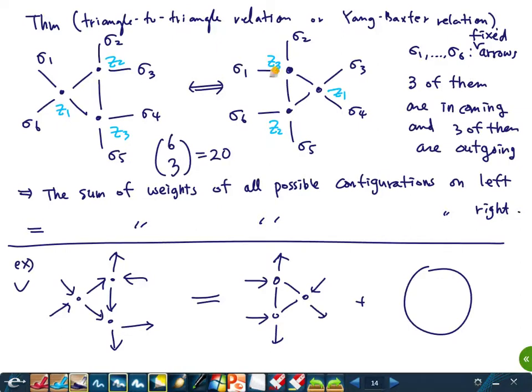But notice that the labels of these two vertices are now switched. Okay? Z2 was at the top, now at the bottom. Z3 here. But this remains the same.